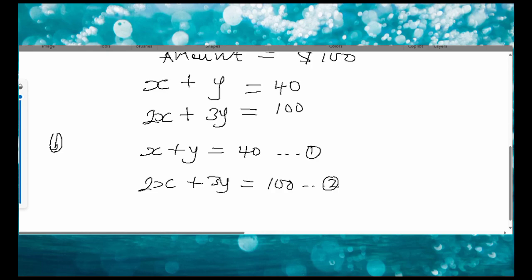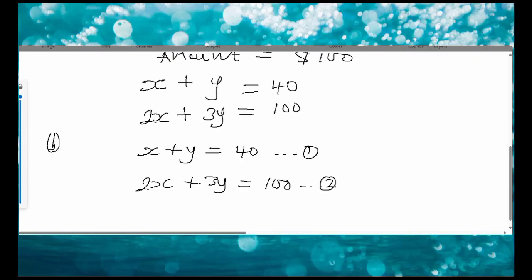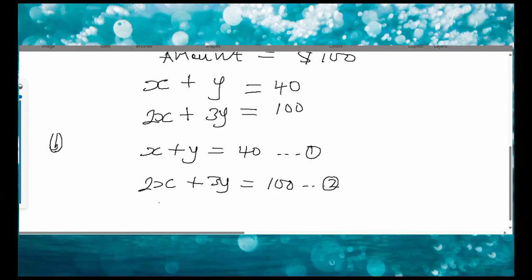Right. Now solving this, we're going to use the substitution method, right? So with the substitution method, let us try to make one of the variables the subject from any of the two equations. I think it is easy to make it the subject from equation 1, right? So we are making x the subject from equation 1.